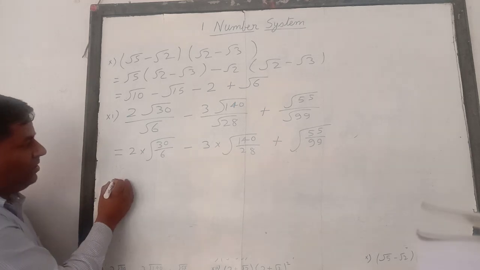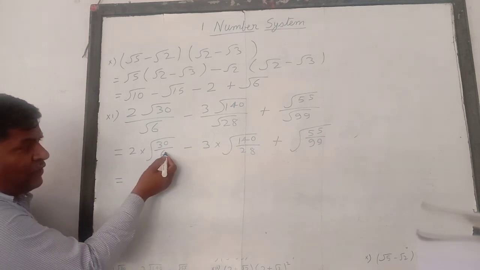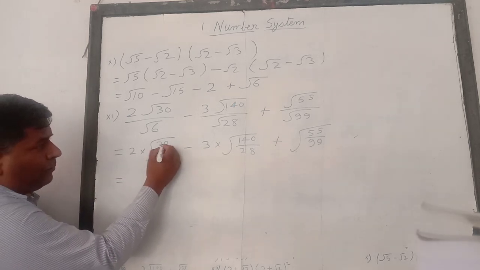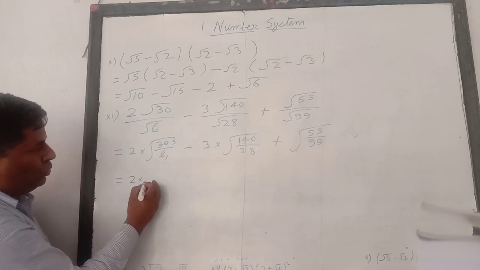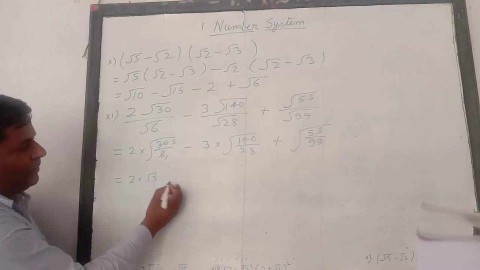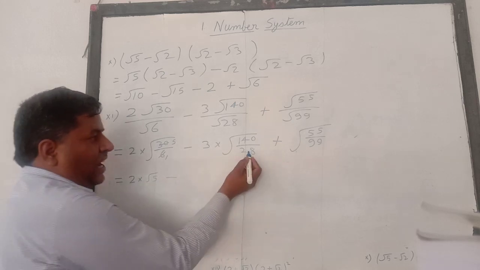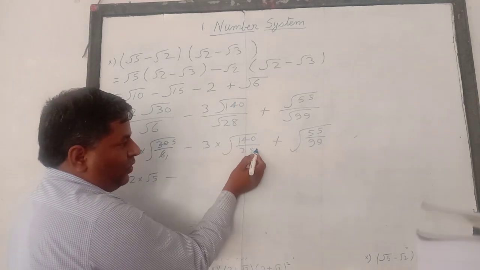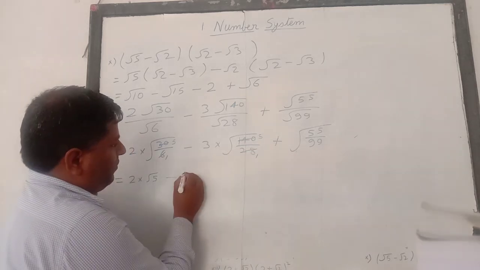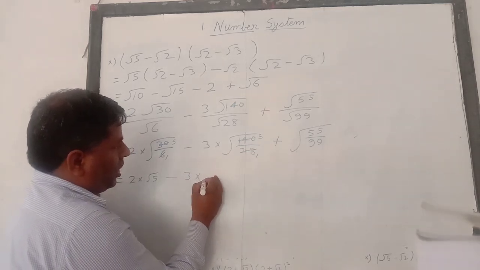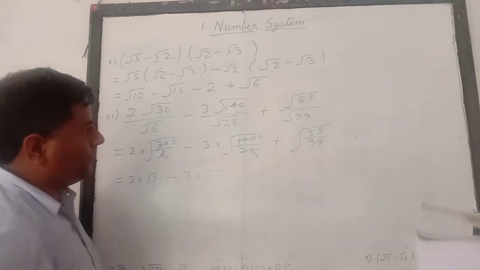So first we cancel here, 6 fives are 30, so this is 1 time, this is 5 times. So we have 2 into √5 minus, this time again 28 fives are 140, so 1 time, 5 times. So now here we have 3 into √5.